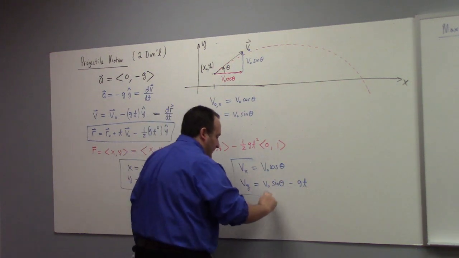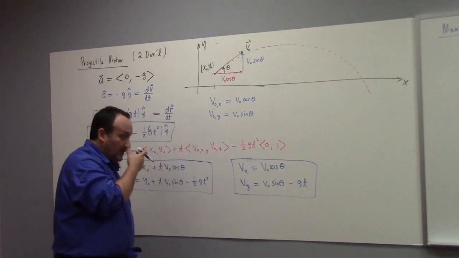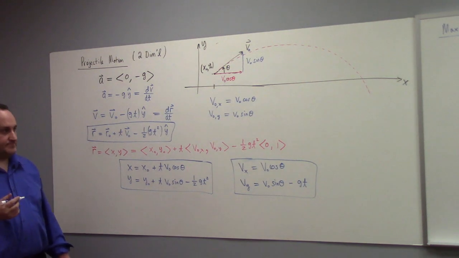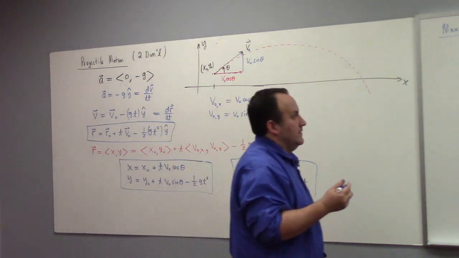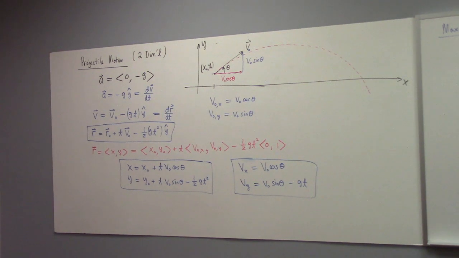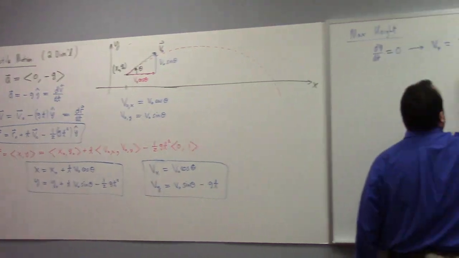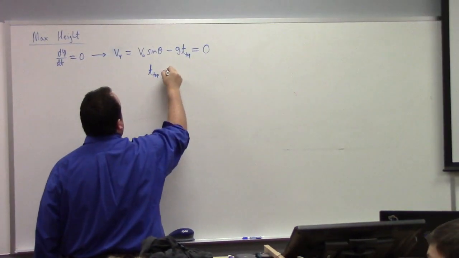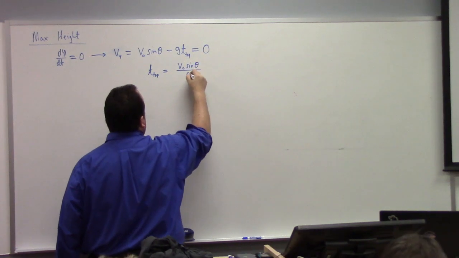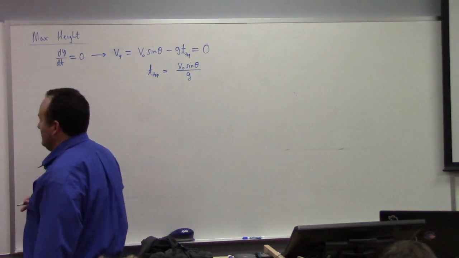So there are your formulas for x and y, right? Okay, so this is the time to the top. So t top apparently is v naught sine theta over g. So what is the actual max height?